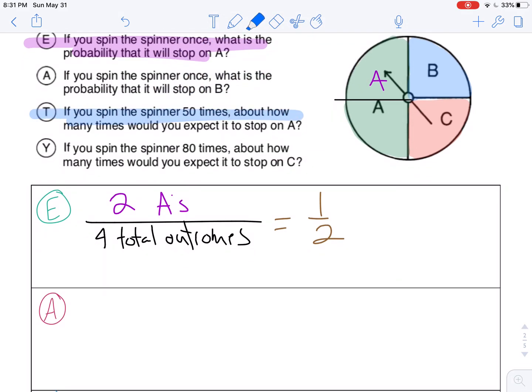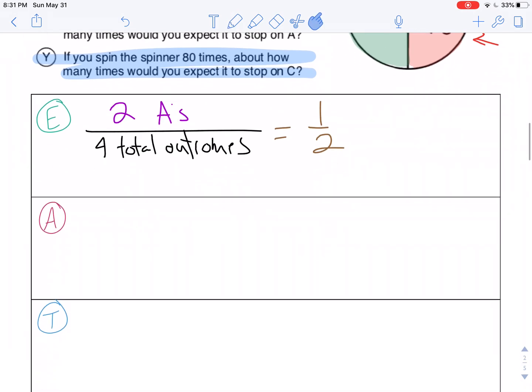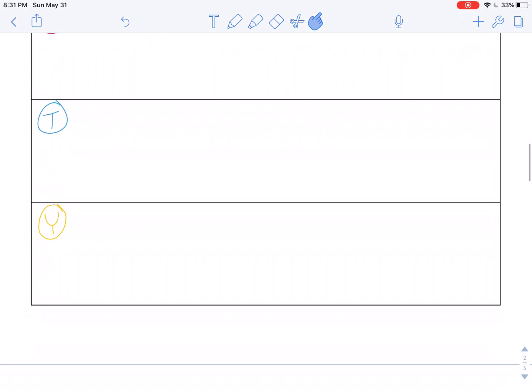Now I'm going to look at problem T. If you spin the spinner 50 times, how many times do you... No, I'm not going to do that one. I'm going to go on to problem Y. If you spin the spinner 80 times, how many times should it land on C? I'm going to look over here at C, and I'm going to say, what fraction of the spinner is C? It is 1/4. Because this is problem Y, I'm going to go down to the box that has a Y in it, and I'm going to start with 1/4.